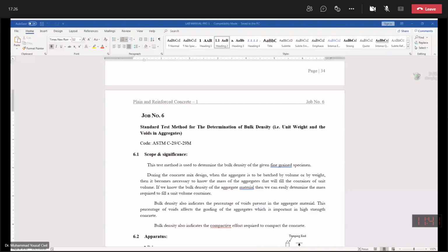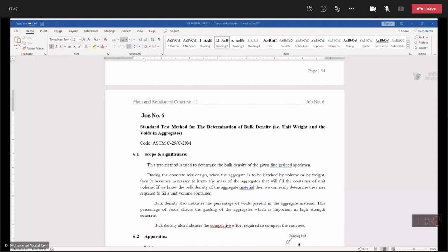And mix design includes the proportion of the aggregates, fine aggregate, coarse aggregate, weight of the water, similarly the weight of the cement, and also any other admixture, if needed.